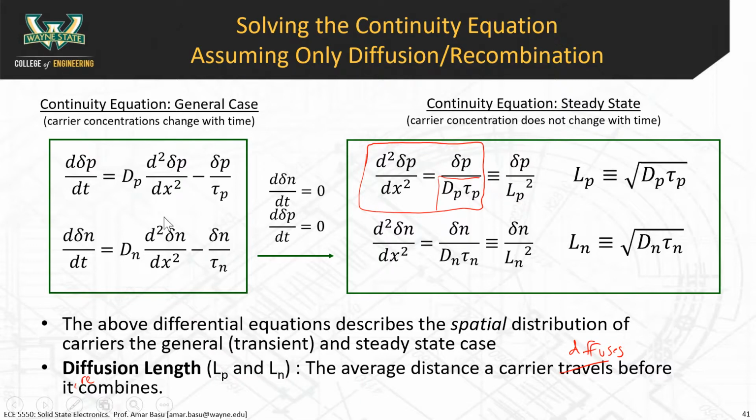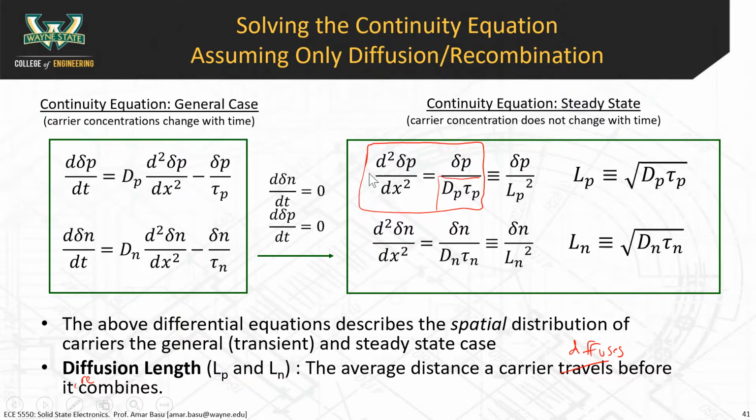But before we get to that, let's remind ourselves what these equations are. These are differential equations, and you notice that the differential equations are a function of x. So these equations are describing carrier concentrations as a function of location.